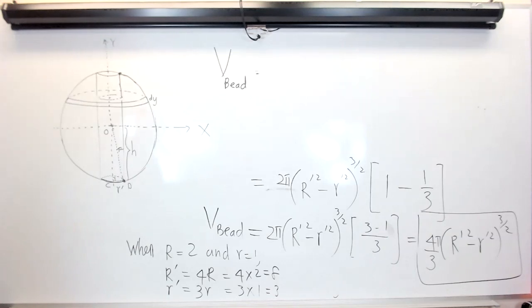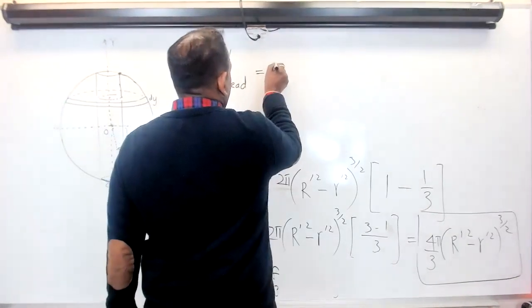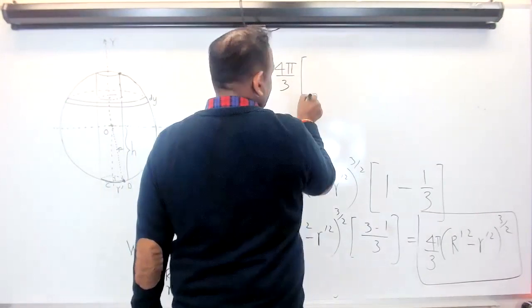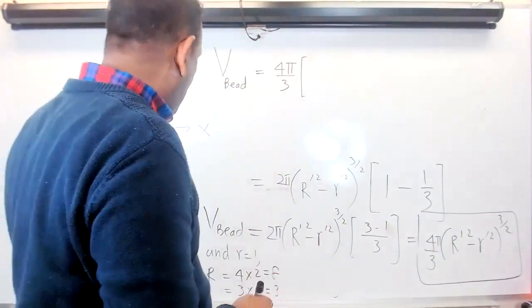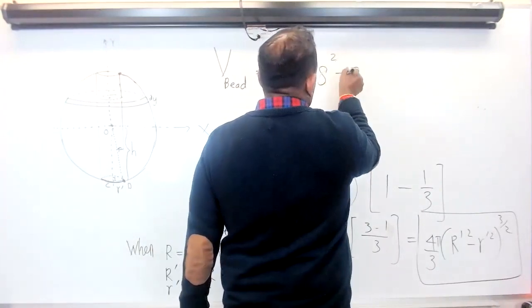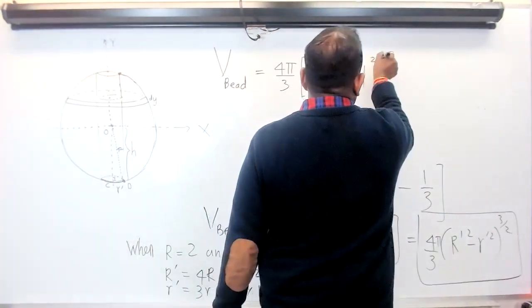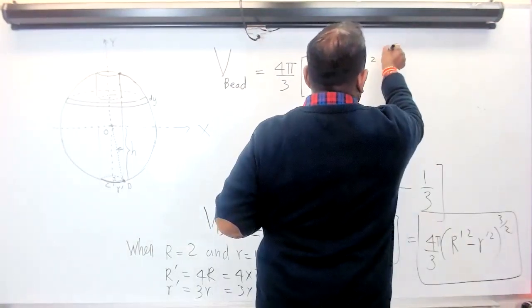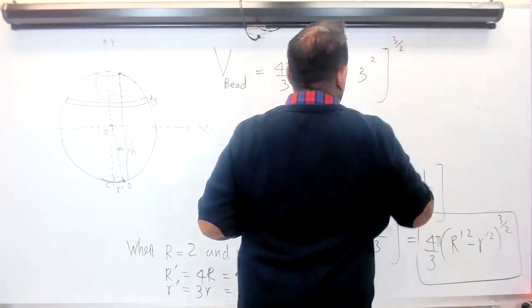Simple R equals 1 means R prime equals 3. So 4 pi over 3, R prime is 8 to the second minus 3 to the second, and 3/2.